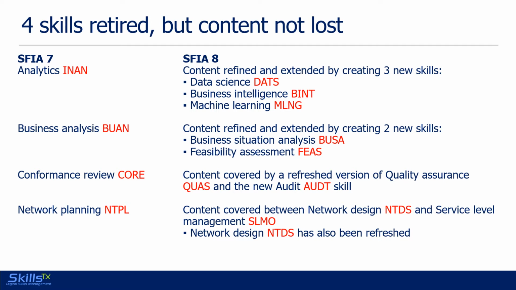Network planning was merged into network design. So the content that used to be there has been moved across to network design. So therefore a migration from version 7 to version 8 directly changes the network planning skills at a particular level to the same level within network design.